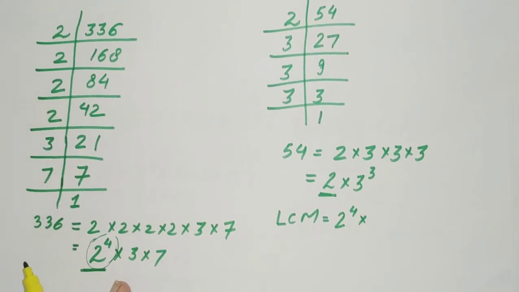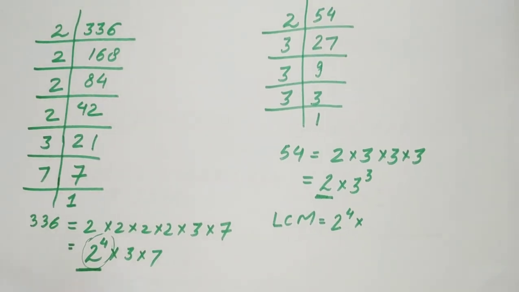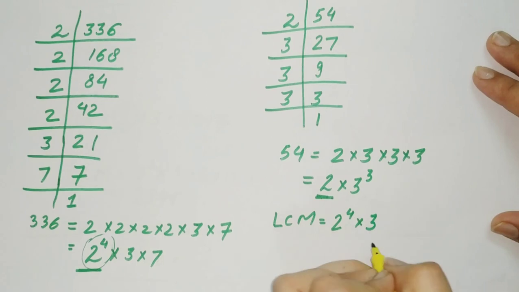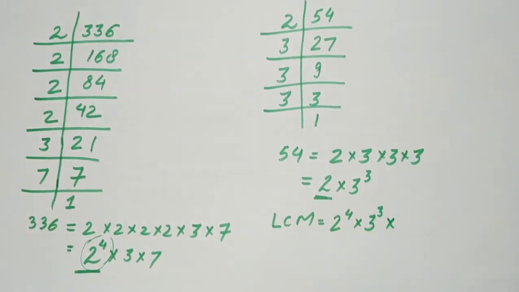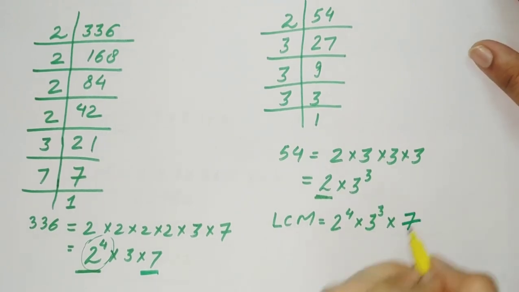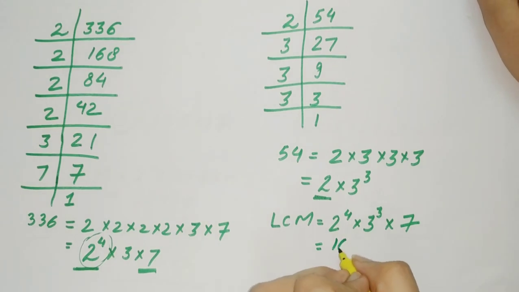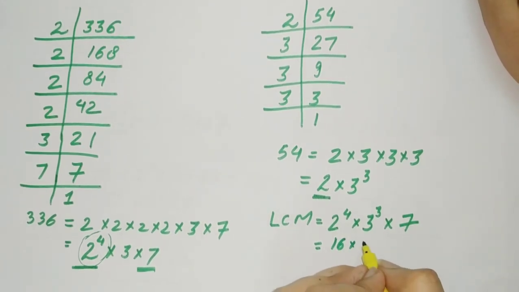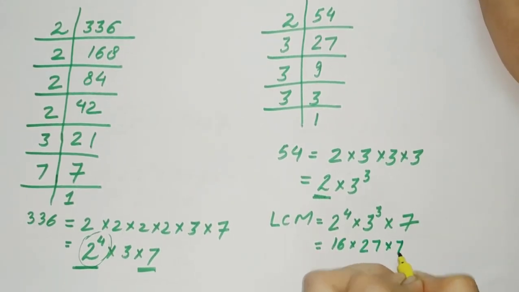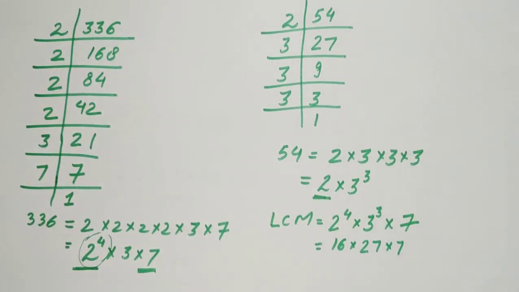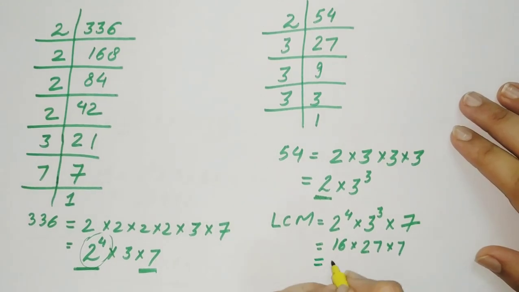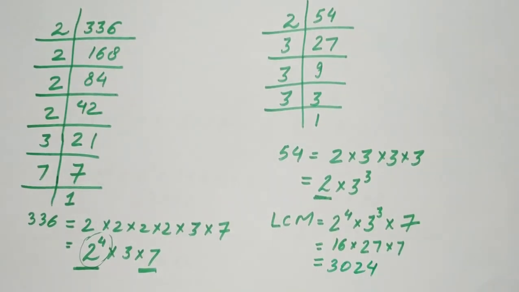We'll select the one with the highest power. Thereby 2 raised to the power 4 multiply 3 raised to the power 3 and remaining is 7. So multiply 7. Now 2 raised to the power 4 is equal to 16 and 3 raised to the power 3 is equal to 27. Multiply 7, which is equal to, now try to do it on your own, 3024.